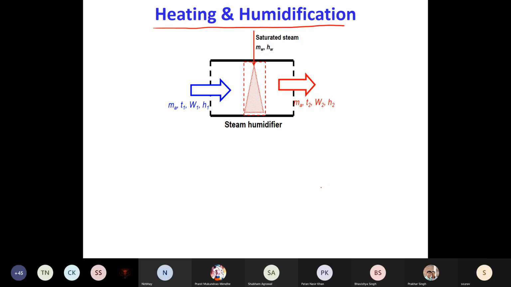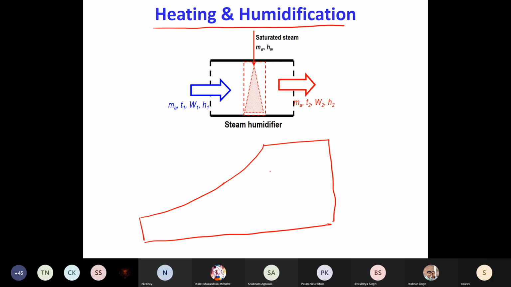So this is like a complementary process to the cooling and dehumidification process, which all our air conditioning systems do. So if you have this as the initial state, this is cooling and dehumidification. The complementary process would be heating and humidification.